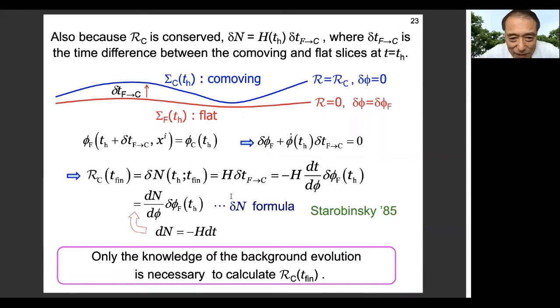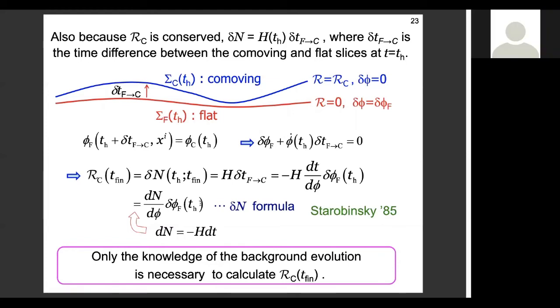So this is a bit of cheating here, but the whole point is that the curvature perturbation can be given in terms of delta n, and delta n can be computed from the fluctuation in the initial slice, in the flat slice.